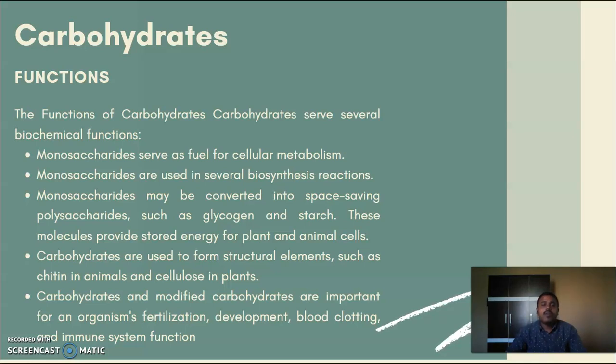Carbohydrates are also used to form structural elements such as chitin in animals and cellulose in plants. We already know the main function is providing energy and helping in biosynthesis and metabolism, but apart from that, it is also used to provide structure for some particular thing.